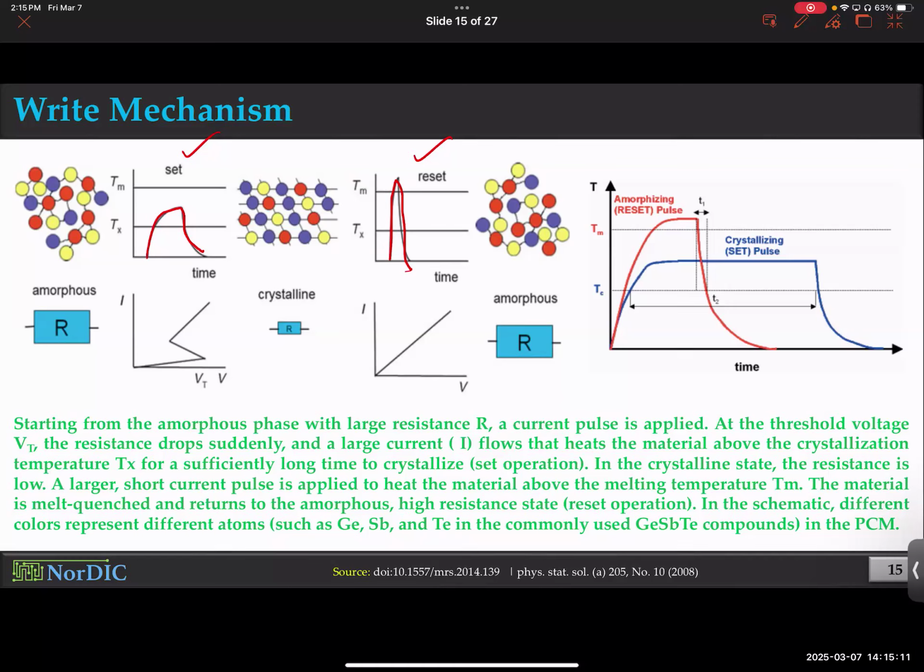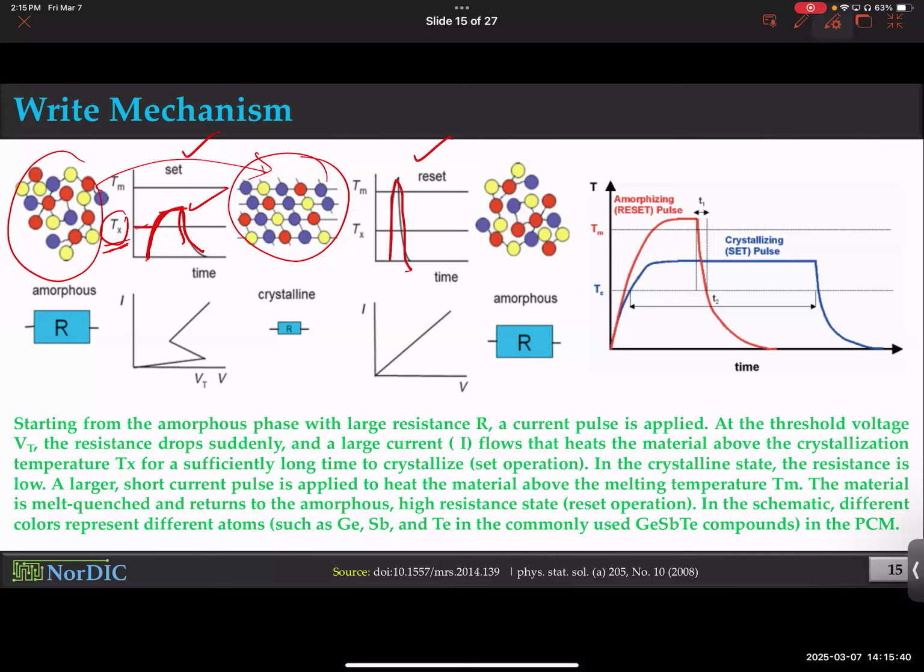Okay, so when you try to go from amorphous to crystalline, you increase the temperature, and we basically don't have to melt it. We have to go above the crystalline temperature. So there is a temperature threshold underneath the melting point, and if you go above that temperature and then let it settle at that temperature for a while, it will reorganize and become crystalline. So there you go. You have electrically programmed the material. Why electrically? Because you have used a current pulse.